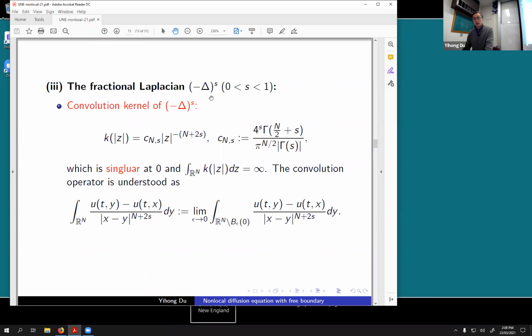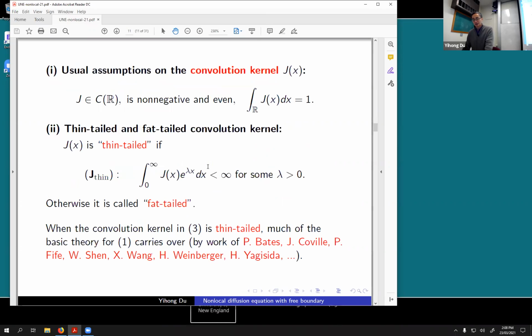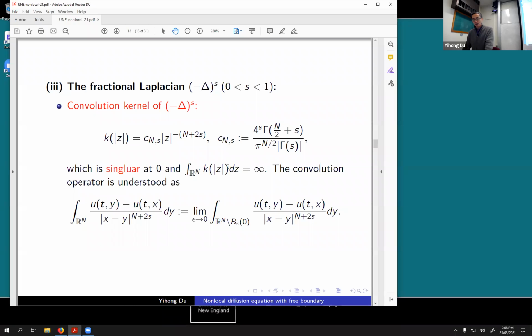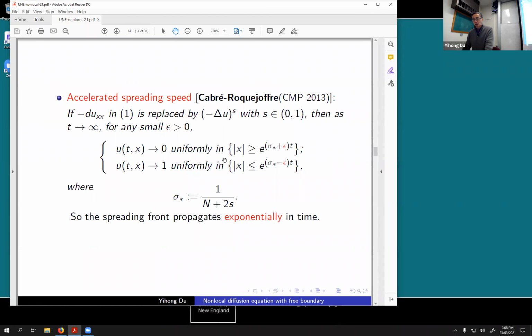Another kind of non-local diffusion operator is the so-called fractional Laplacian, here in dimension n. Its kernel is given by this power function, but it's singular and not integrable. So it's very different from these ones. But anyway, for this kind of non-local diffusion operator and for the same kind of Fisher nonlinearity, f(u), Cabré and Roquejoffre proved, again, that the spreading is exponential.